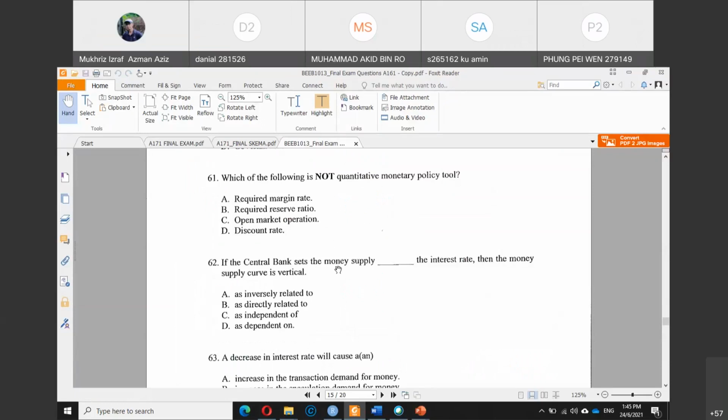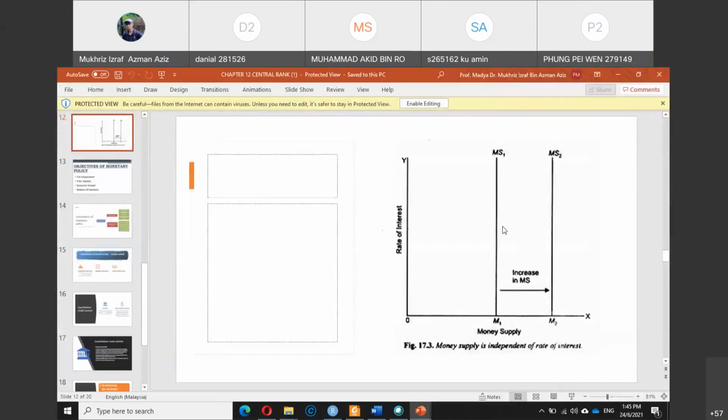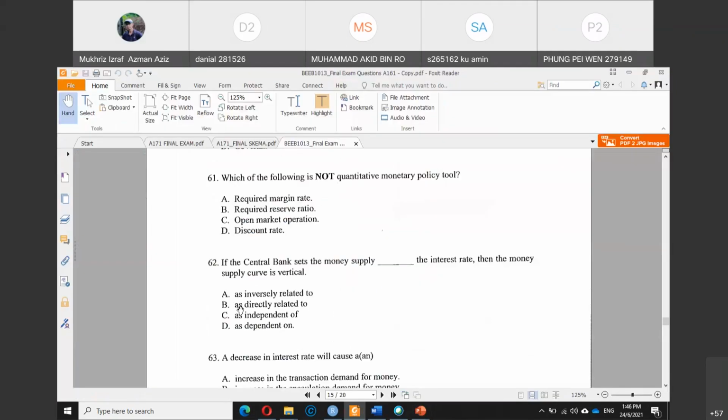So referring back to this question: if the central bank sets money supply, is it inversely, directly, independent, or dependent? Then the money supply is vertical. Vertical means it is not affected by the interest rate. Interest rate goes up or goes down, money supply remains constant.